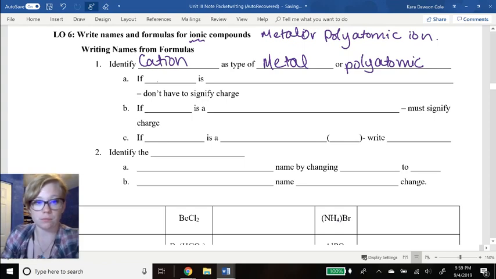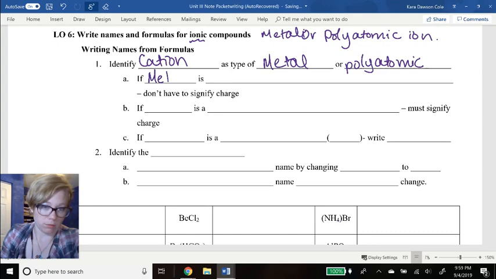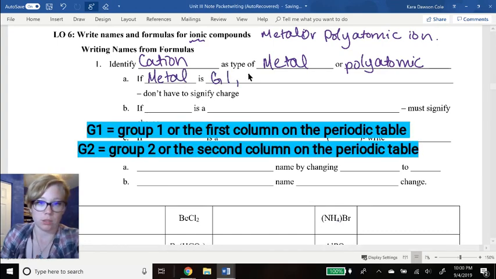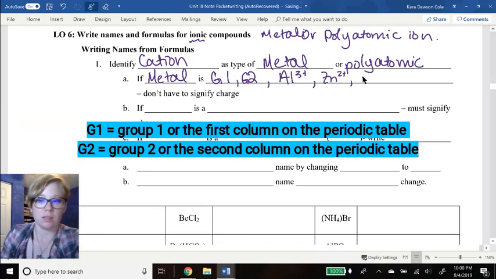So if it's a metal in groups 1, 2, aluminum, zinc, or silver, you do not have to signify the charge.